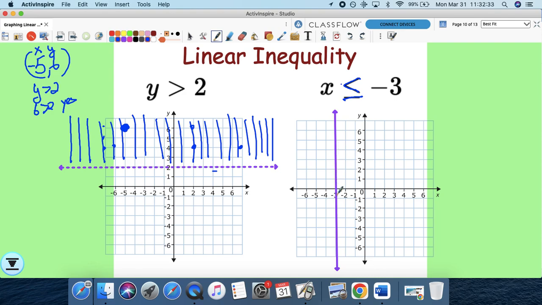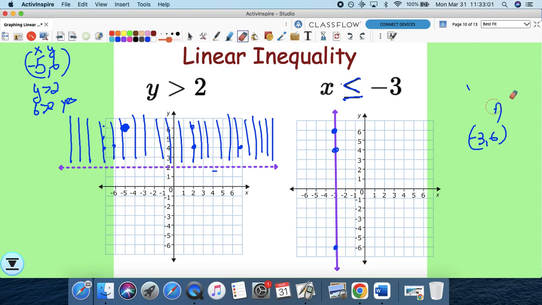Just like I said before with y equals 2, every point on this line, in this case, has x equal to -3. Well, pick this point here, it's -3 and 6. Pick this point over here, it's -3, 4. Pick this point at the bottom here, it's -3, 6. So every point on the line has an x coordinate of -3.